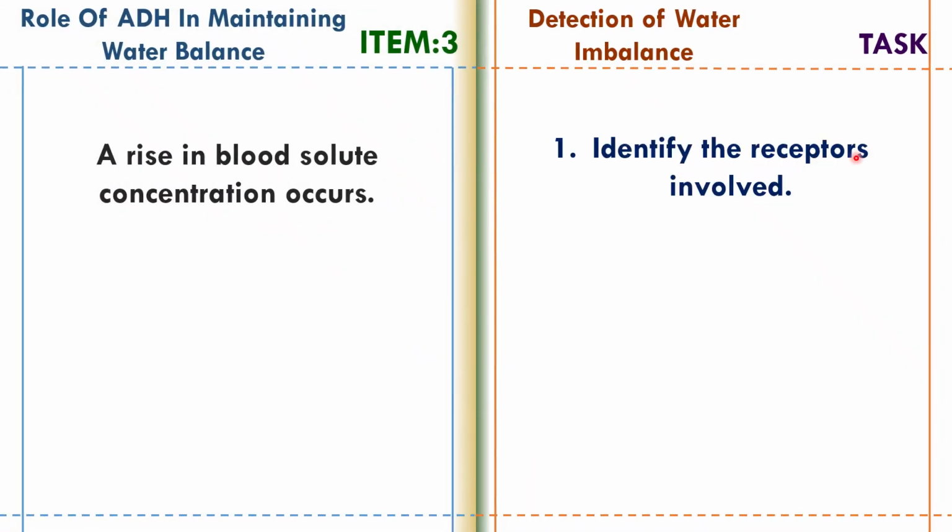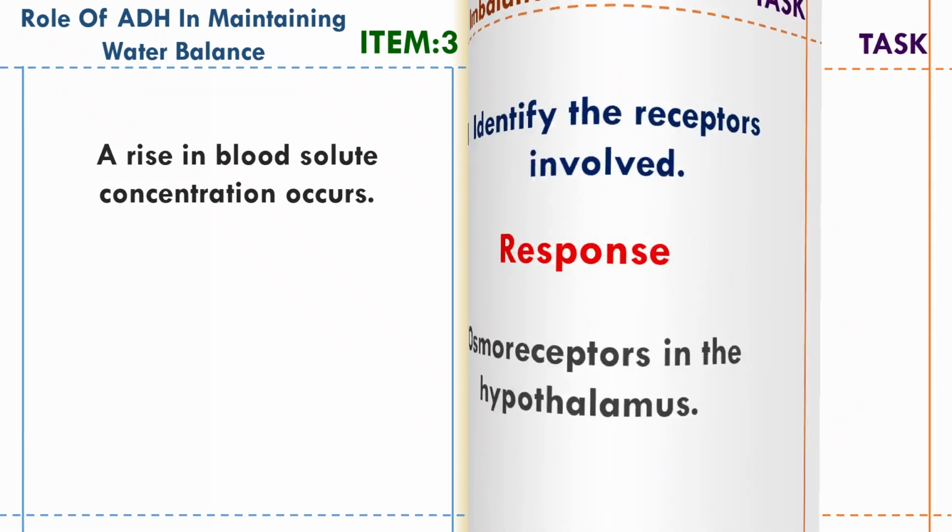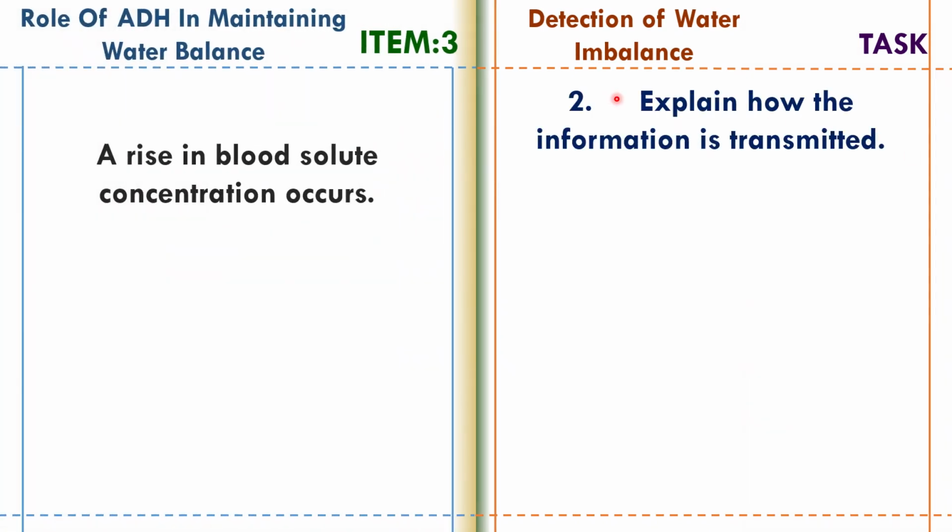Identify the receptors involved. Osmoreceptors in the hypothalamus. Explain how the information is transmitted.